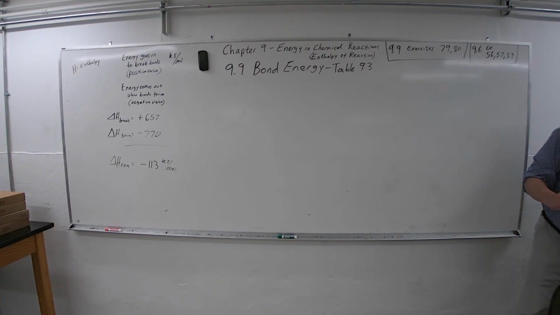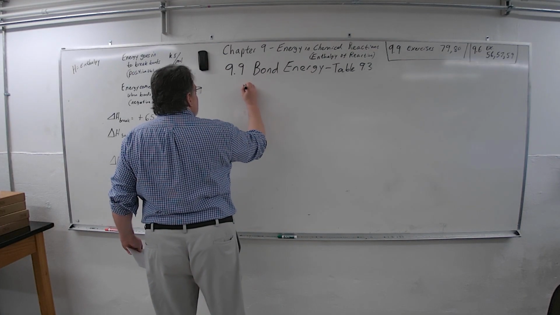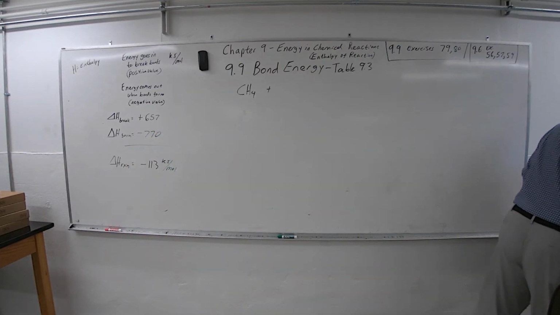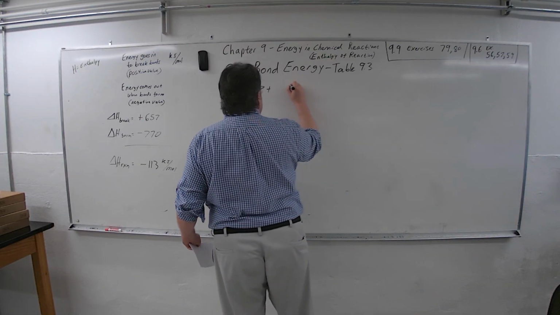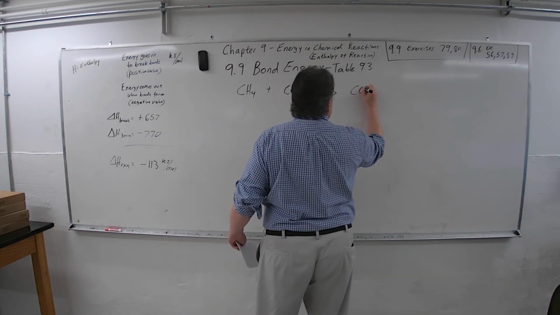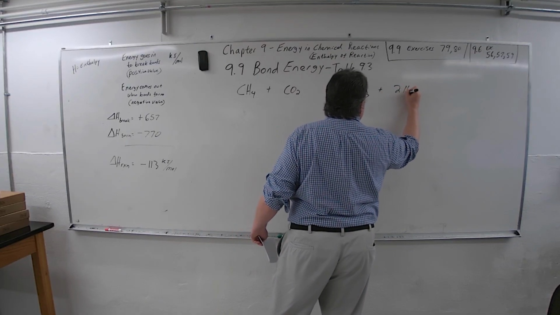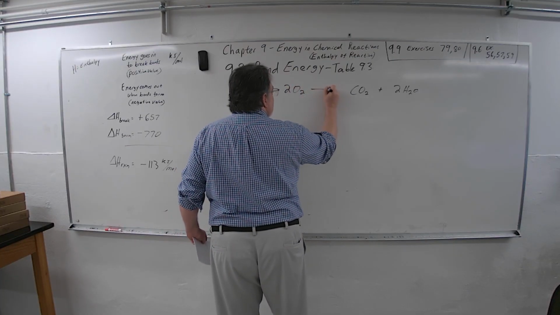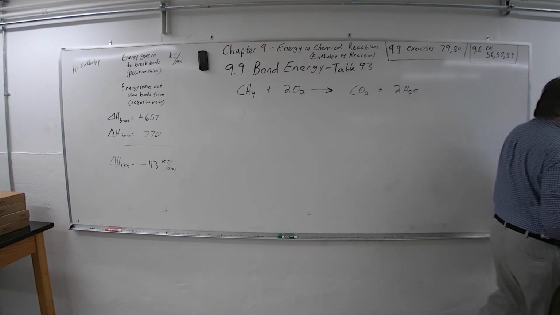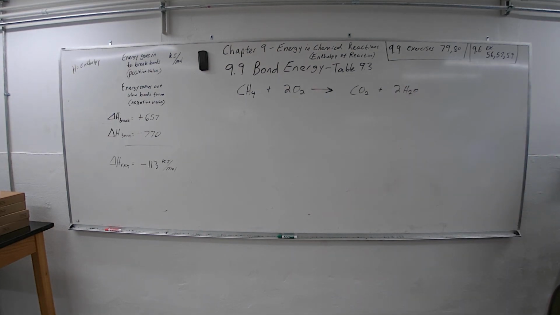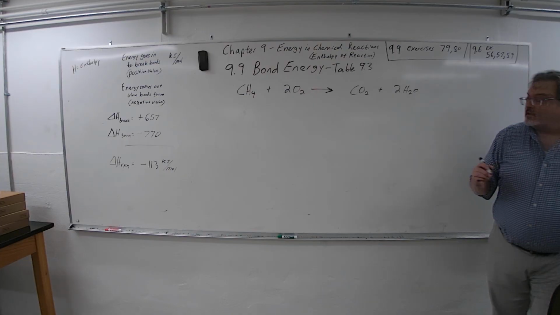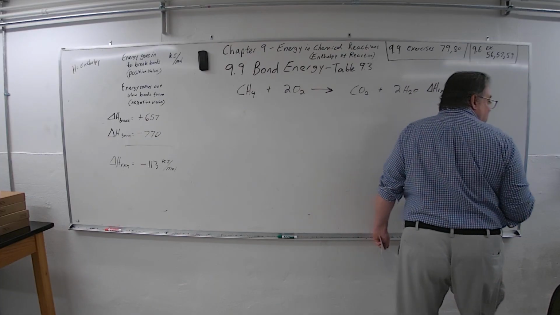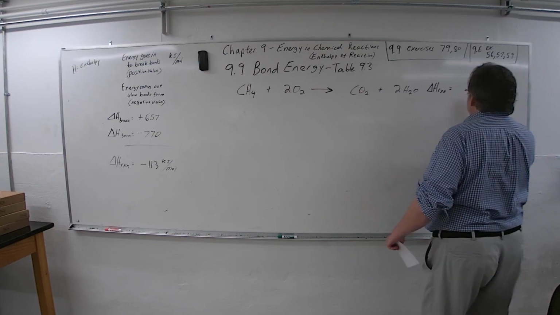But if you have this balanced reaction in hand, CH4 plus 2 O2 gives CO2 plus 2 H2O, and then you've got delta H of reaction, that thing we just spent our time estimating, negative 802.